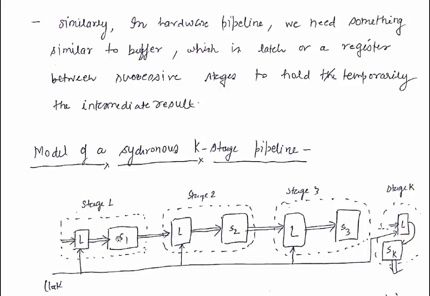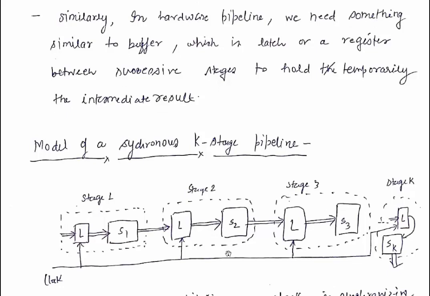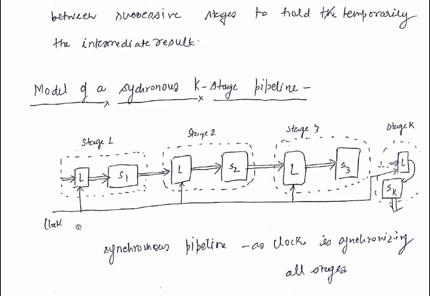When stage 1 has finished one clock or one operation, the result is fed to the first latch to hold it temporarily, so that when S2, or this machine, gets free, it can be fed to the S2 stage. So this is a synchronous k stage pipeline, where I have shown you the latch where you can store your temporary result, a buffer or some register or latch that acts as a delay element.